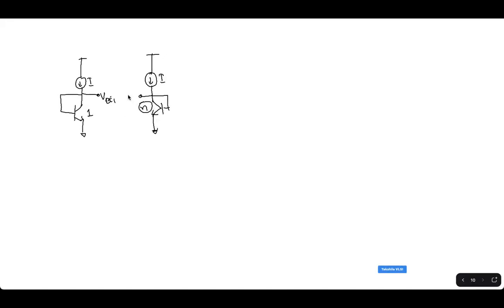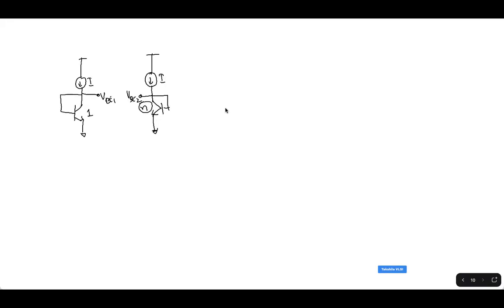Now I'll say this is VBE2. What is VBE2? VBE2 is also a CTAT voltage. VBE1 is also a CTAT voltage. Both are CTAT voltages. But there is some difference because of the sizes.